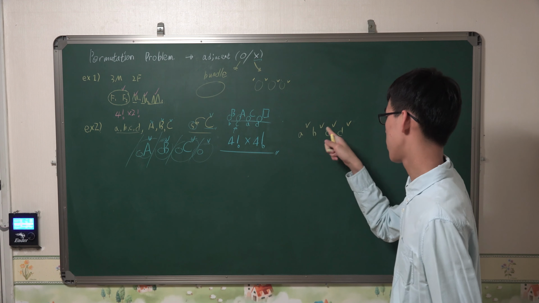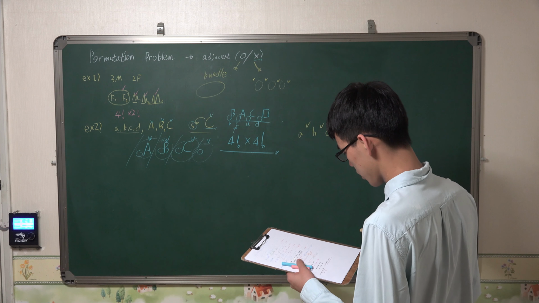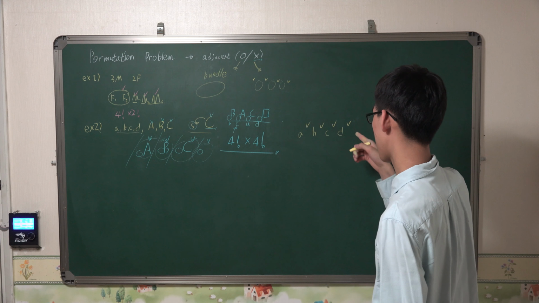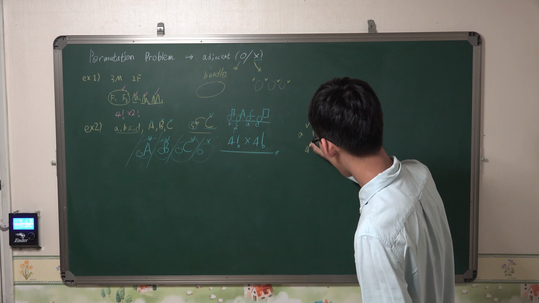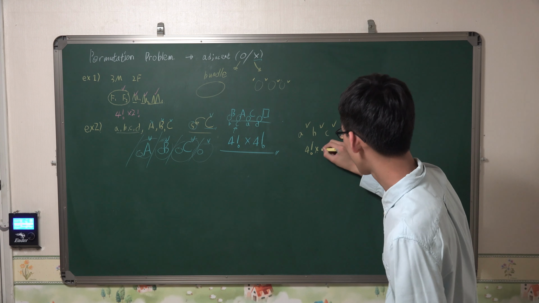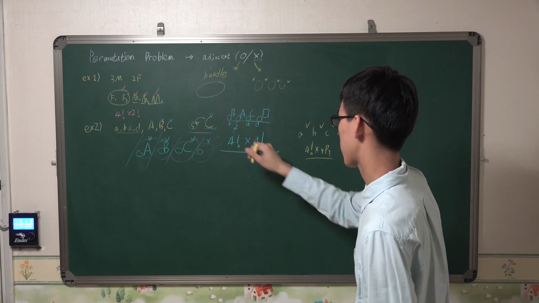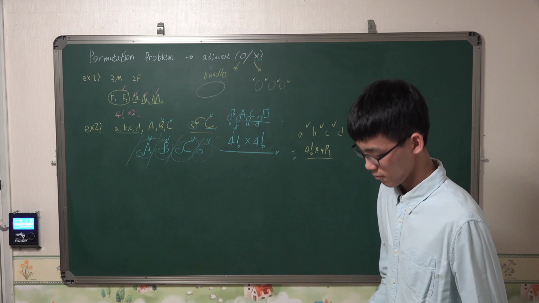So you have to pick these 4 places. So the small characters a, b, c, d give 4 factorial, and we insert by permutation, 4P3, and we get the same answer.